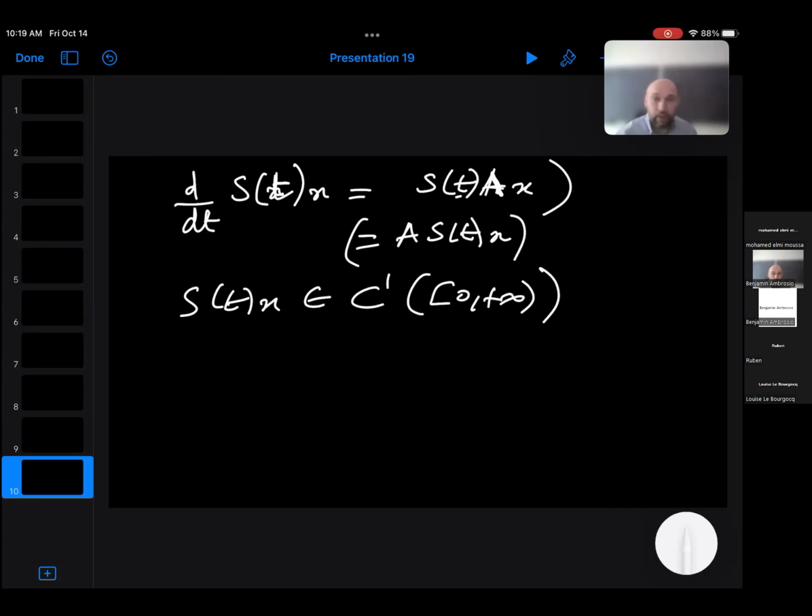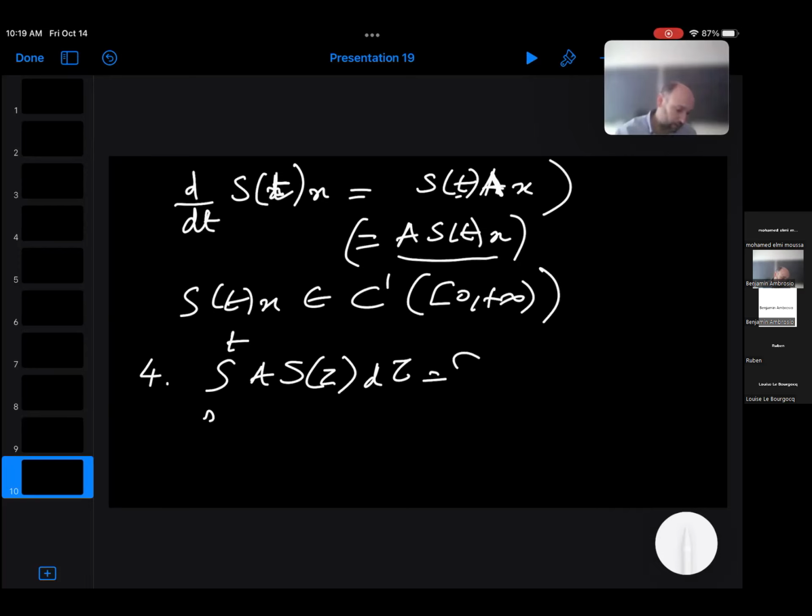All right, and so the point 3, I let you do it. It just comes from this equality. So next, the 4 is just an inequality. So let's write it. If you look at the integral between s and t of A S(tau) x d tau, now here I recognize that.